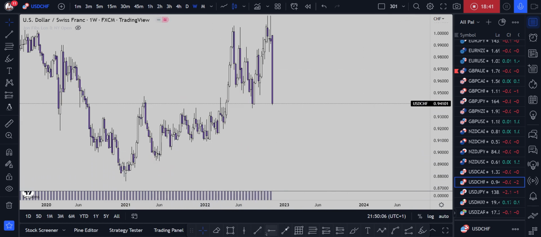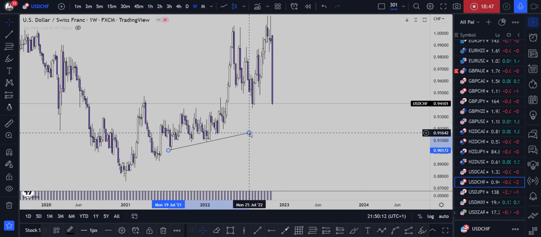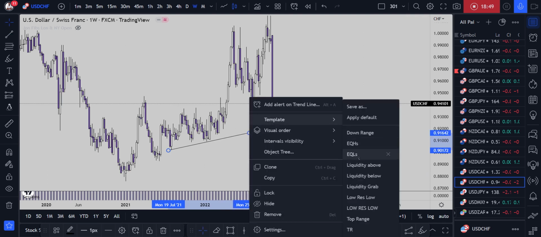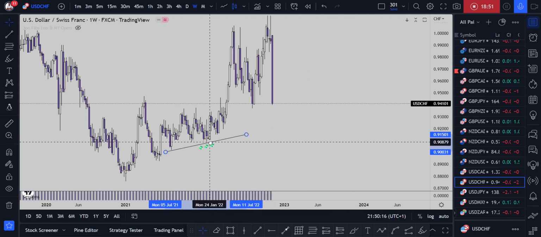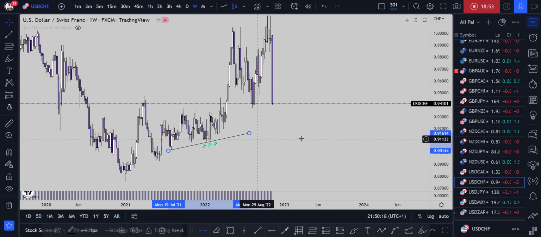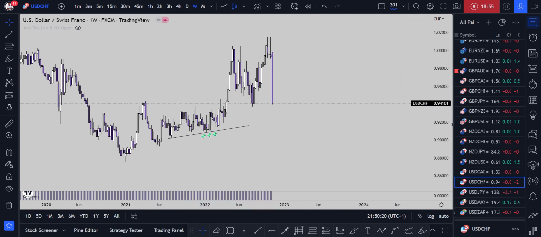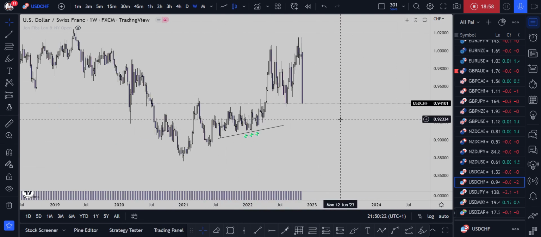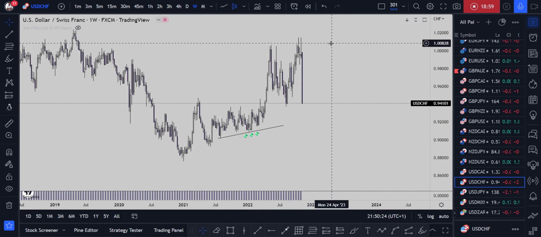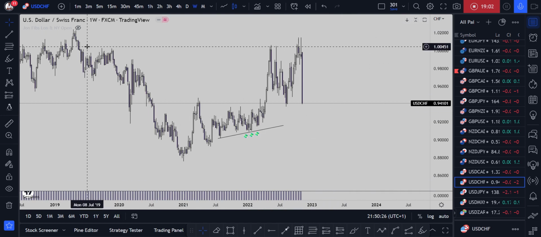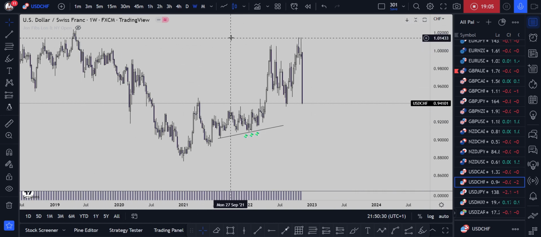Probably we sweep all of this liquidity resting there. I really don't know. But if we are to continue to buy, you can see how we had this massive liquidity pool, right?